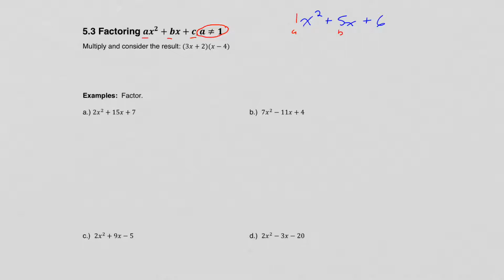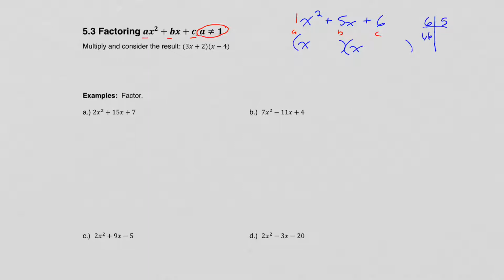So here's A, B, C. We didn't really pay any attention to the A because we just saw x squared, and we just went ahead and did this, paying no regard to A, and then we just go ahead and factor 6. Factors of 6 that give us 5.